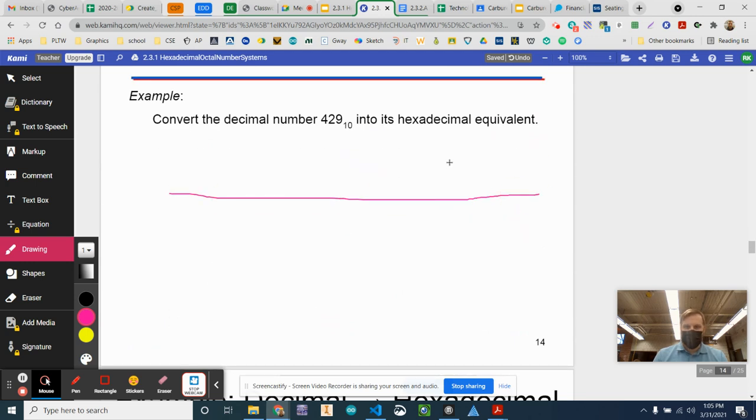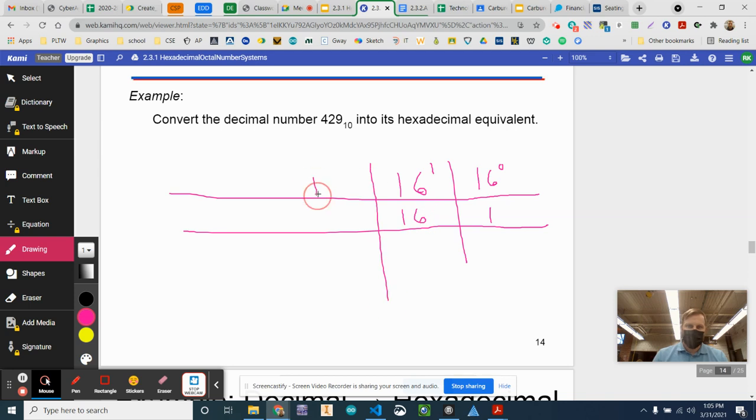Same idea here, except let's make our train tracks. So we have 16 to the 0 is 1. 16 to the 1 is 16. 16 to the 2. Somebody punch in the values for me. It's a big one.